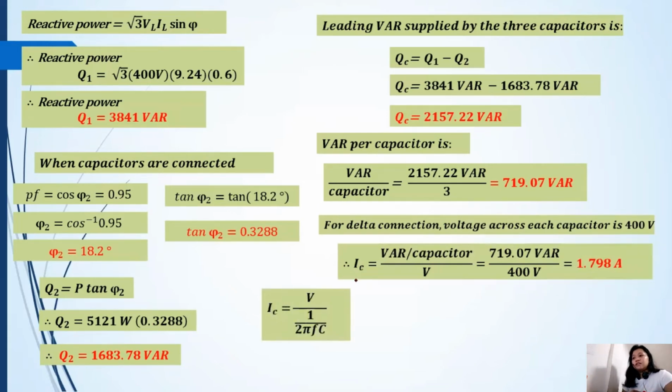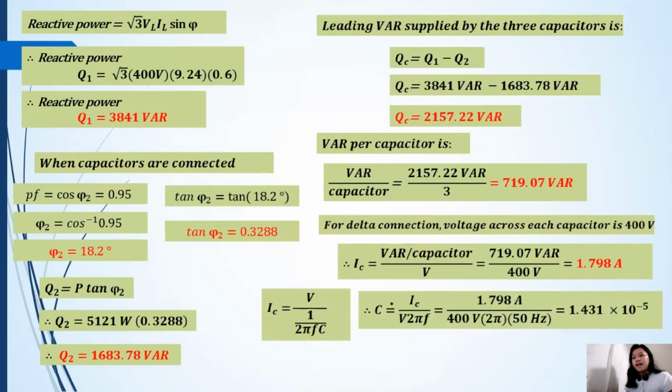Then since we are solving for our capacitance, for our C, we will just be using this formula. IC is equal to V over 1 over 2 pi FC. Let's simplify that formula in order for us to get our C. So C is equal to IC all over V 2 pi F. Our F here is our frequency.